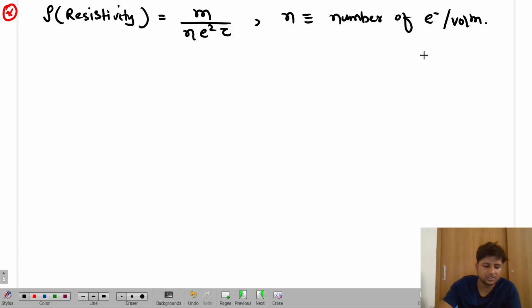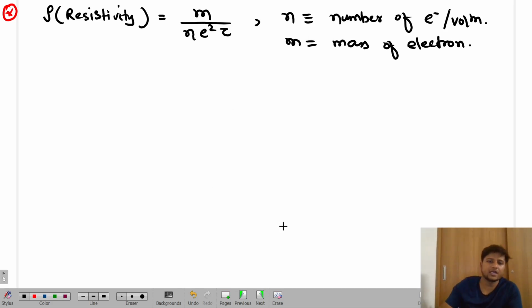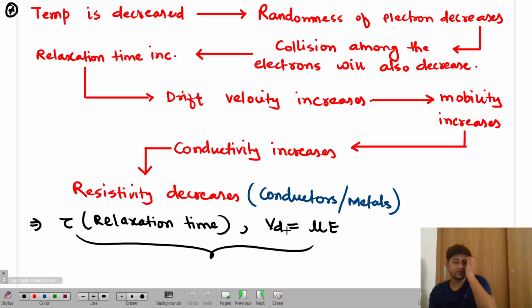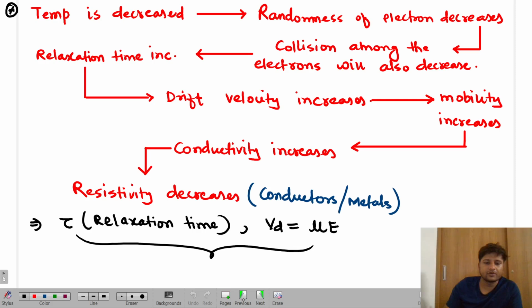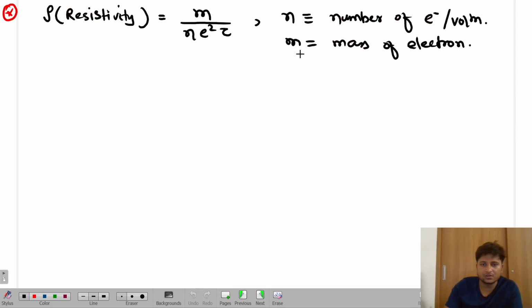Are you able to get me or not? m is the mass of electron. You can prove it with the help of that. I know Vd is equal to mu into E, and there is a relation of tau with respect to Vd. So you can prove it, right or not? You can use that formula, or you can use sigma is equal to n e mu, that is also correct.